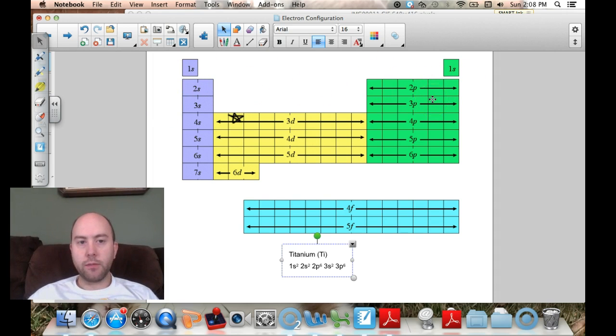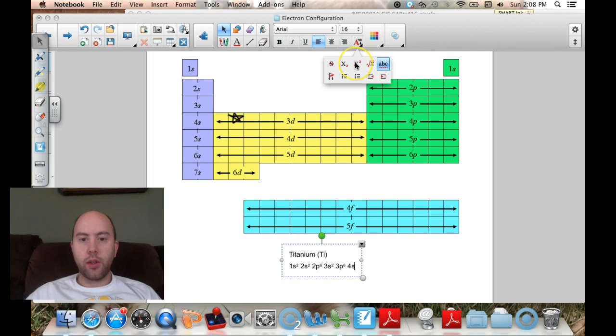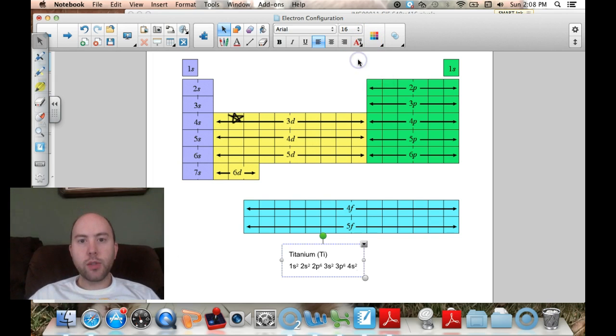Now we're going to slow down. Now I'm into the 4th row. So I start with the 4s's. 4s, I went through both of the s's, so that would be s2. But now here's where it gets a little tricky. Now I enter the d's.